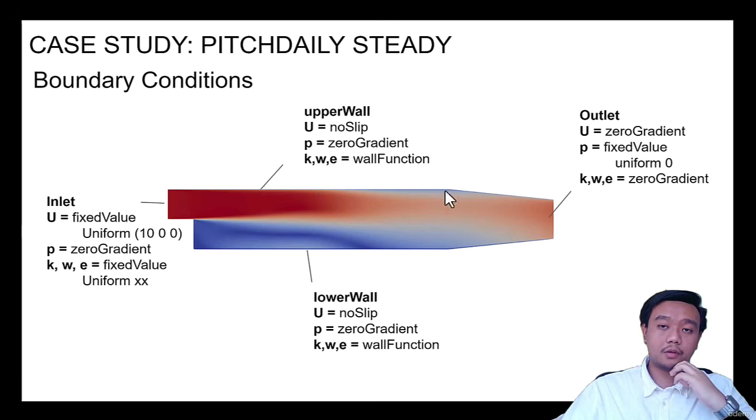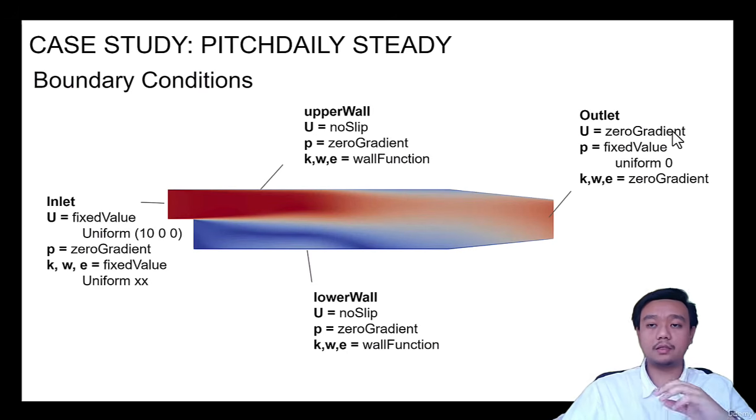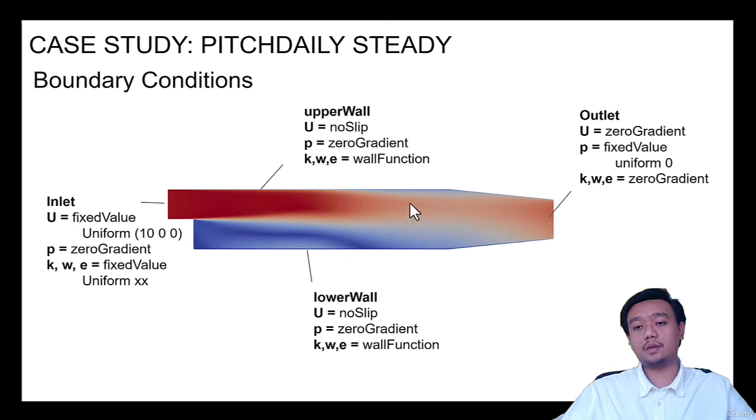But for the outlet, it is the opposite. You use U as the zero gradient, so it will be automatically calculated by the flow pattern. Let's say if you have a high velocity here with a small area, and the area is larger, it will be a smaller velocity in the outlet.